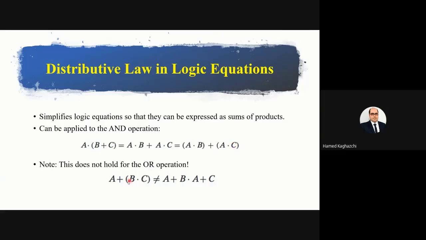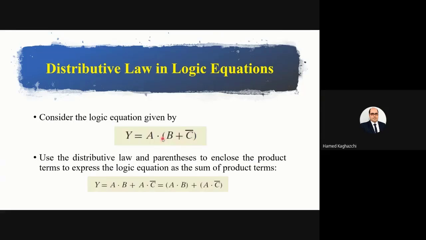But in the case of OR, I cannot write that because the right-hand side of the equation and the left-hand side of the equation are not equal. Only if I have an AND operation, I can use the distributive law. I can distribute this equation.